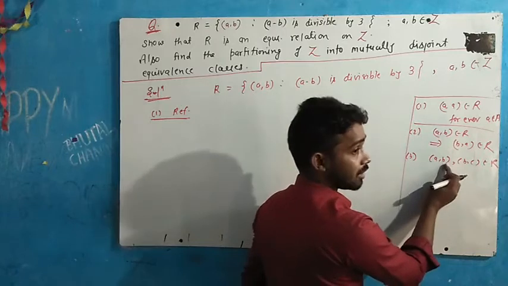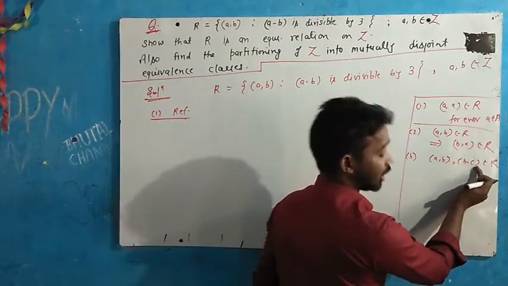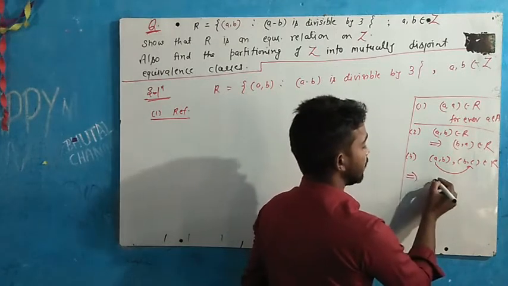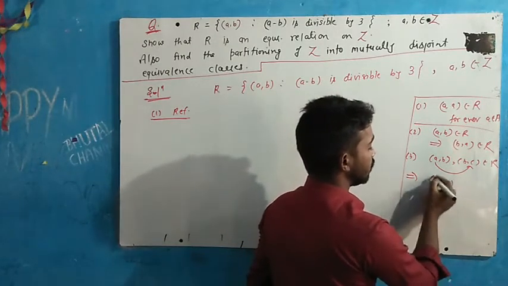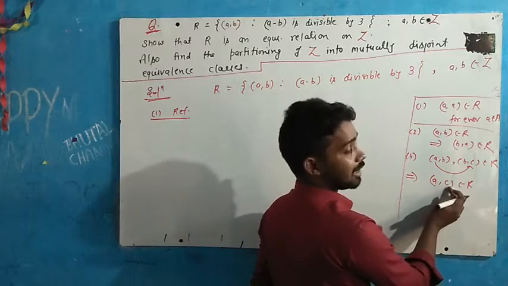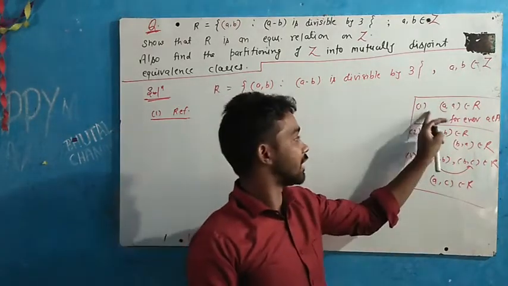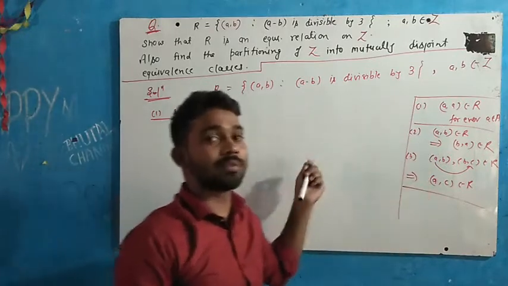First number is related to second number, related to third number, then this implies that a is related to c. First number is directly related to c. These are the three cases: how we will show reflexive, symmetric and transitive. The same things we are going to do here.